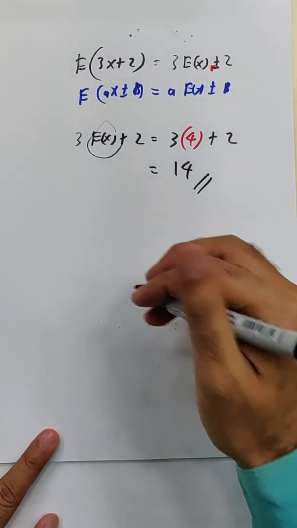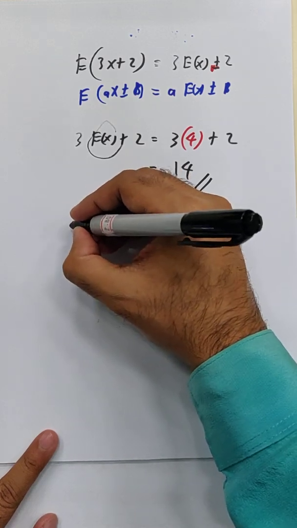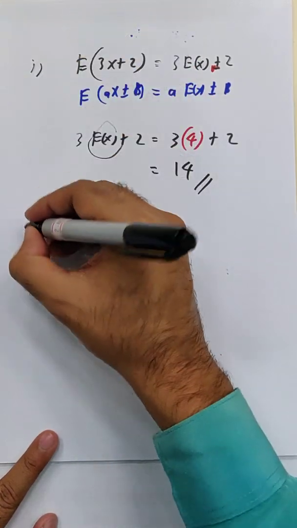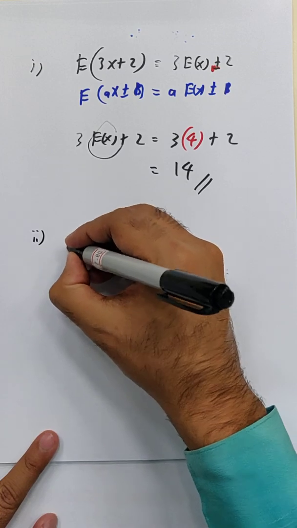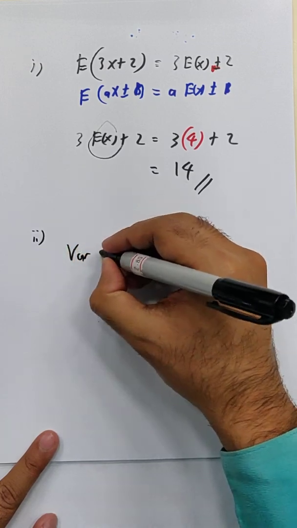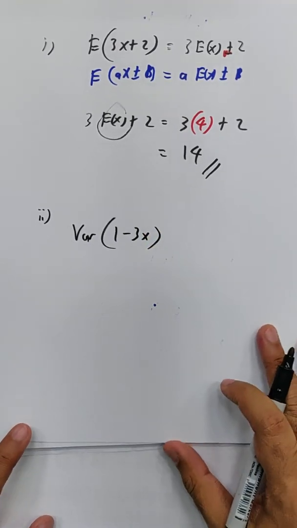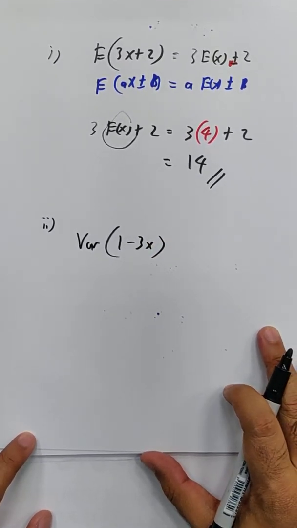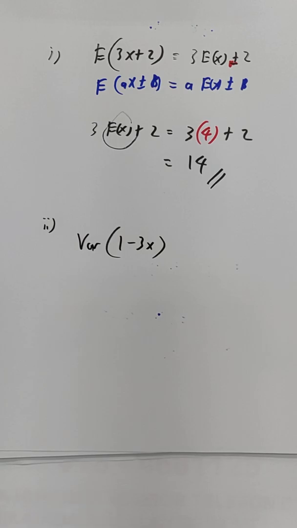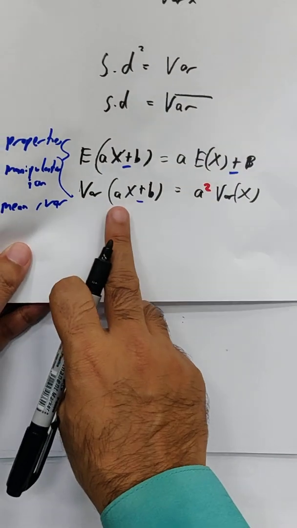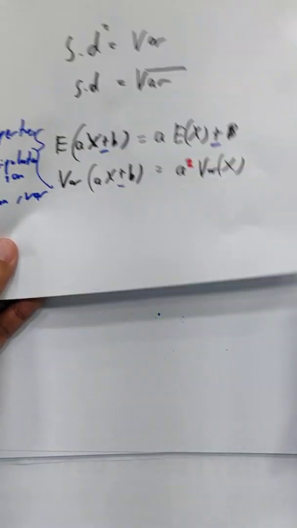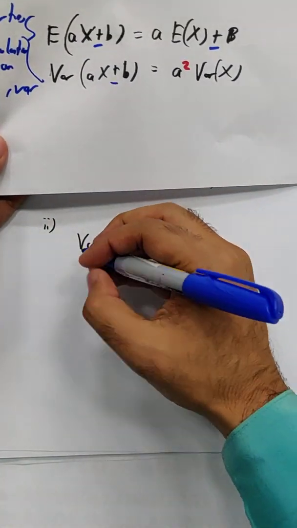Alright, now, next one is to calculate variance of 1 minus 3x. If we look at the formula, where's the x? The x is on the left side. Let's copy back first.